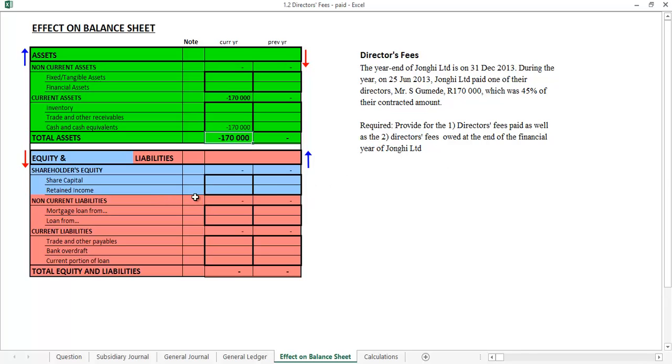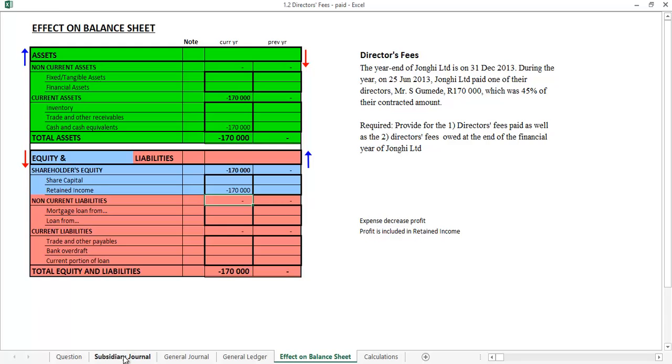You'll remember that your incomes and your expenses will eventually roll up into retained income. So my expenses is going to decrease my profit, and my profit is included in retained income. So effectively, if my expense decreases profit, and my profit is included in retained income, right, then my retained income is also going to be reduced by the 170,000. So that's the effect on the balance sheet.